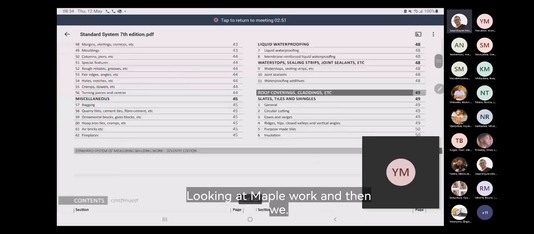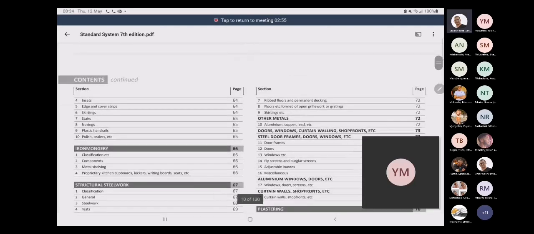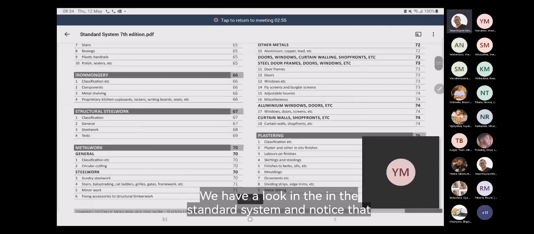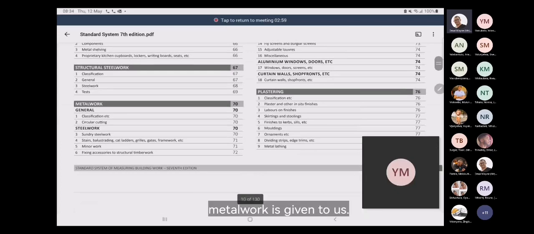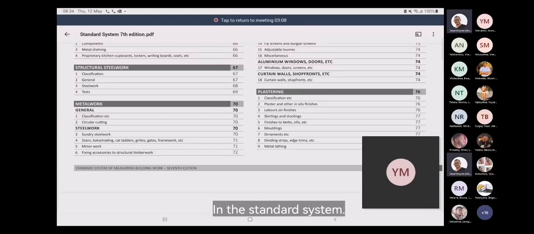Looking at metalwork, and when we have a look in the standard system, you'll notice that metalwork is given to us on page 70 in the standard system.